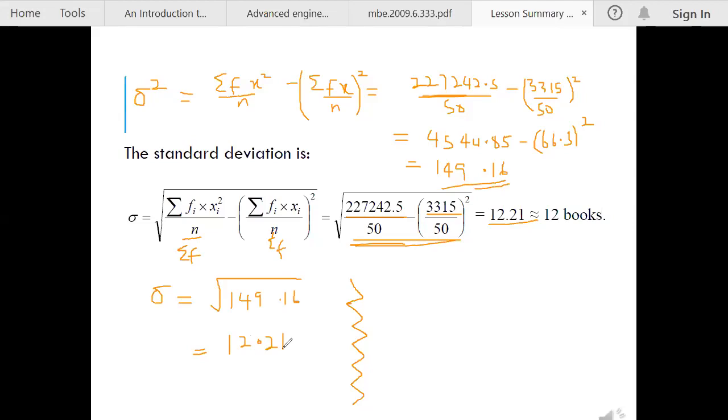So you get 12.213, approximately 12 books. You are right, 12.21 to 2 decimal places, approximately 12 books. Very well. So that is how we get the standard deviation and the variance for group data.